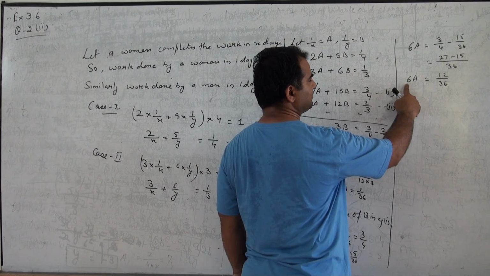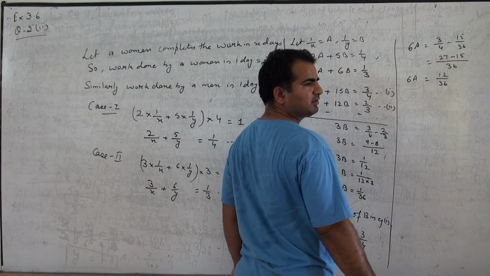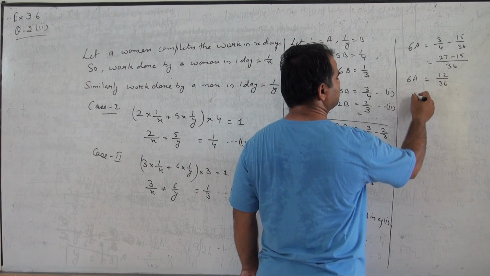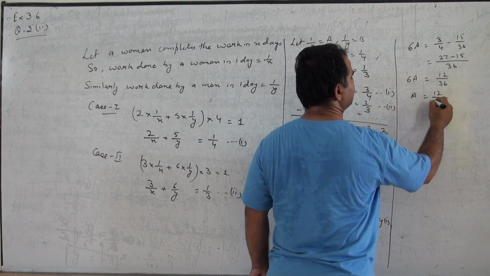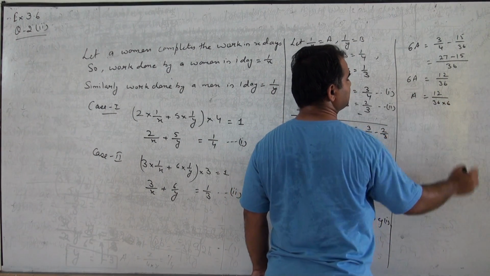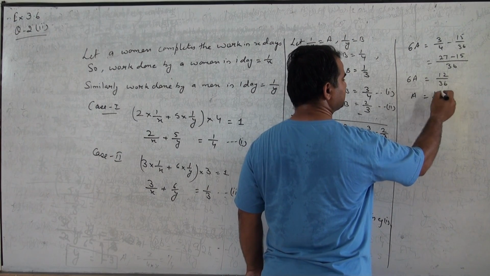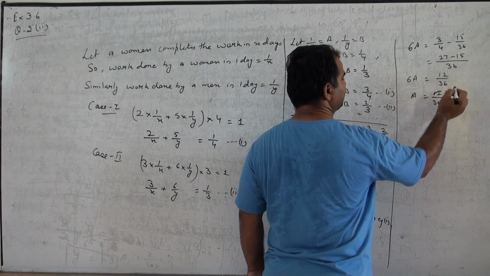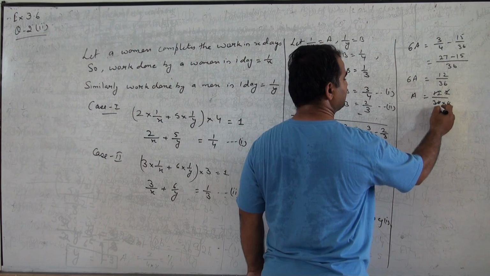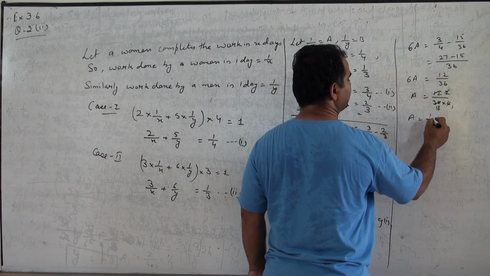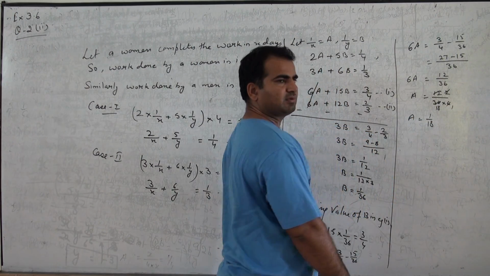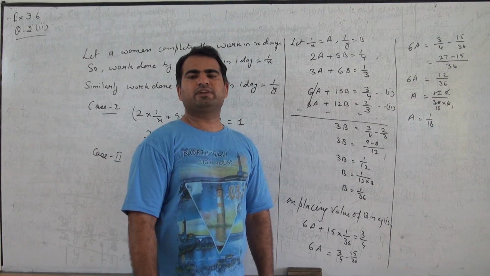This 6 will go and divide there. a equals 12 upon 36 into 6. 6 with the 6, and 6 to the 12 is 2, and from 2 it will be 18. a equals 1 by 18. Now we got the values of a and b.